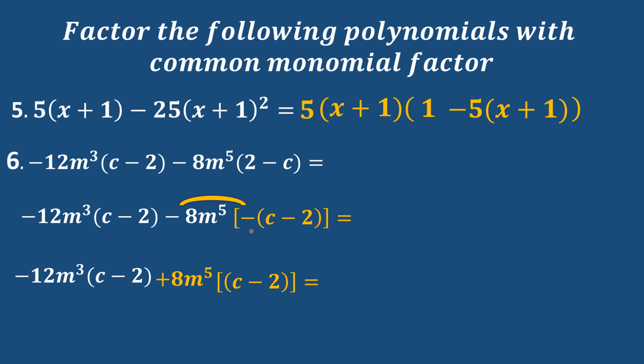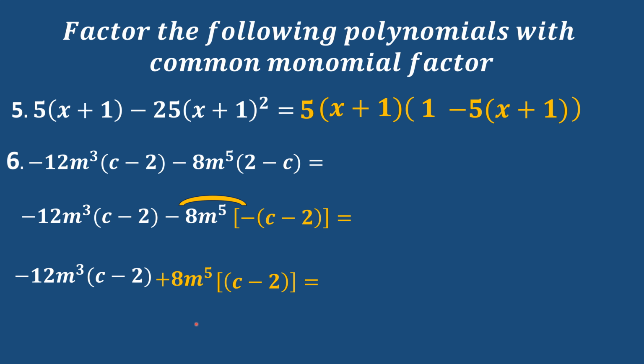Remember, we were able to isolate the negative, and we have to multiply it with the negative here because it is understood to be multiplied to the terms inside. So are we already adjusting them so that the expression next to the 12m cubed and next to 8m to the power of 5 are already common? Yes, they are already common.